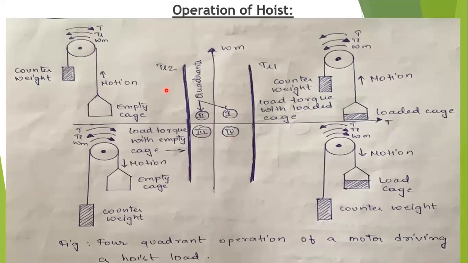Okay, so this figure shows the 4 quadrant operation of a motor driving a hoist load. The load is a hoist load. The load will be of 2 types, counterweight and normal weight. This hoist consists of a rope wound on a drum coupled to the motor shaft.